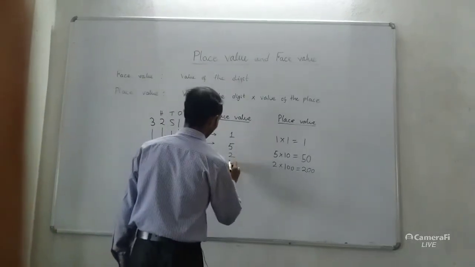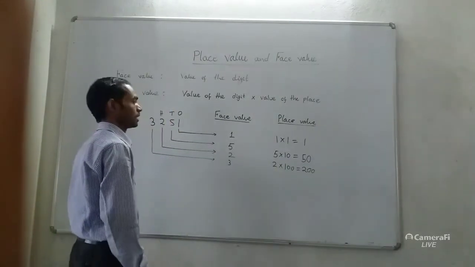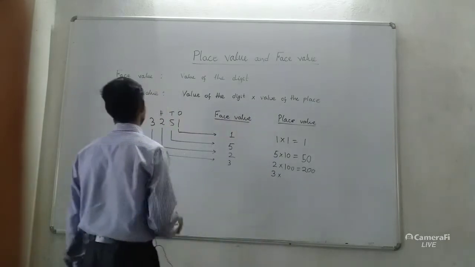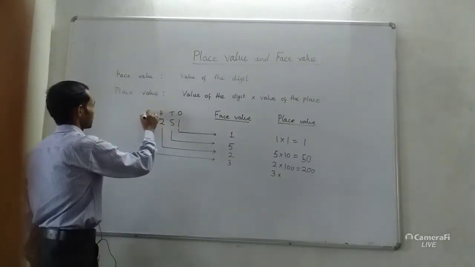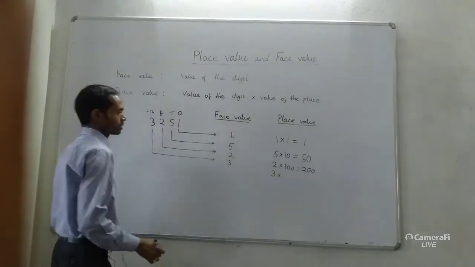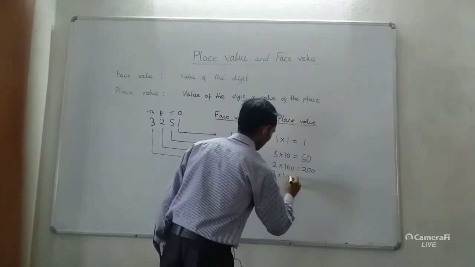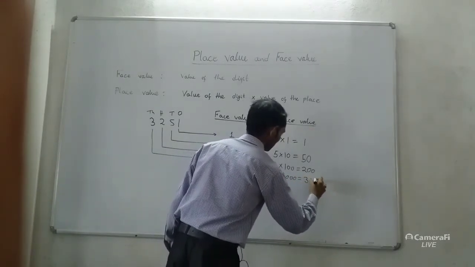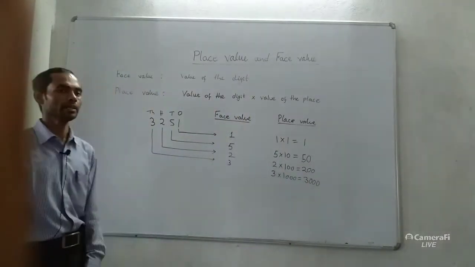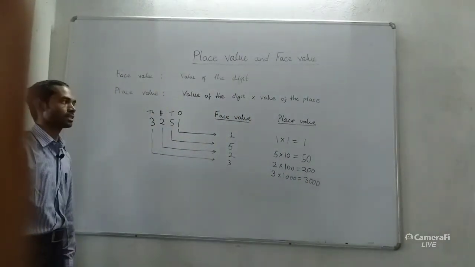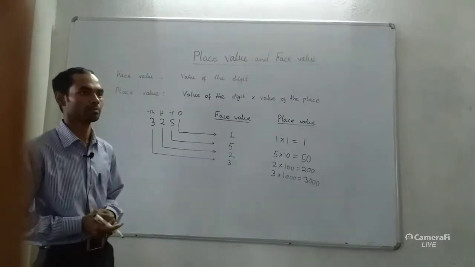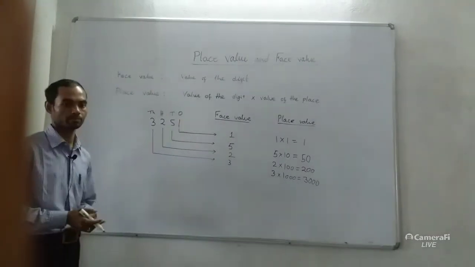Face value of 3 is 3, the digit itself, and place value equals 3 into the value of the place. 3 is at the 1000 place. So 3 into 1000 is 3000. So in this way we can find the face value and place value of all the digits present in a number.